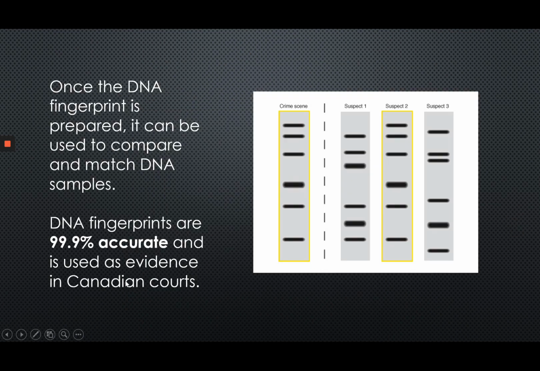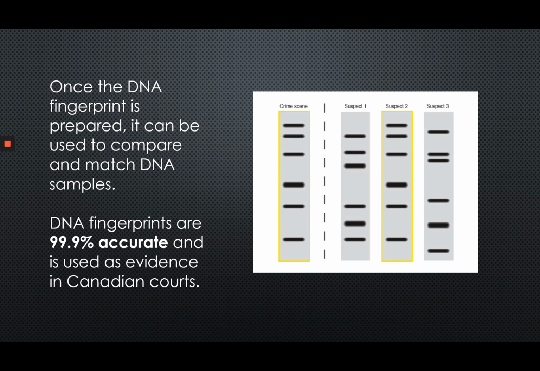So once you have that DNA fingerprint prepared, you can now use it to match up your DNA to whatever's found at the crime scene, or you can use DNA fingerprints to figure out if you're more or less related to another person.